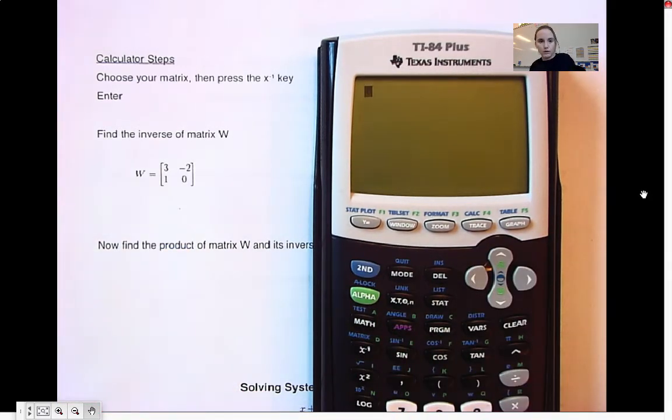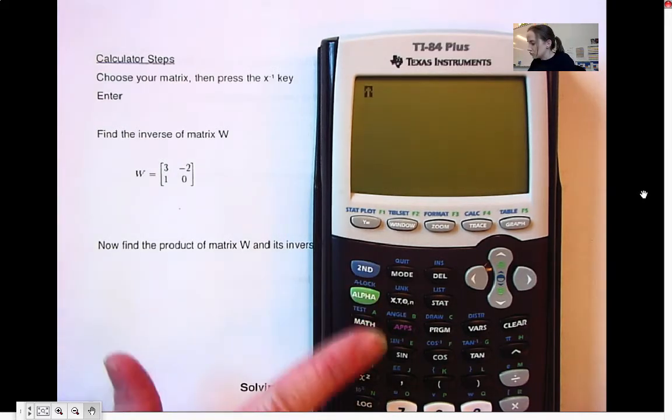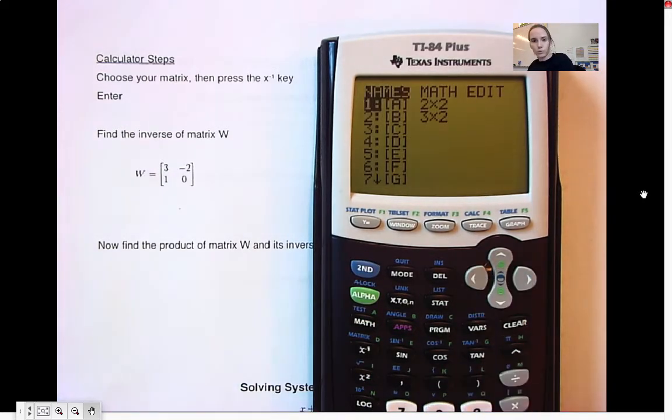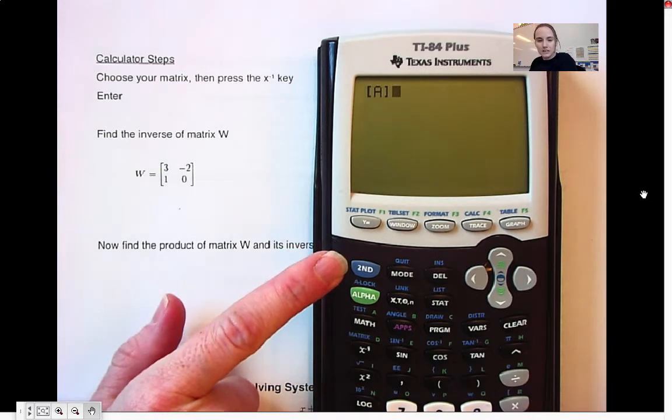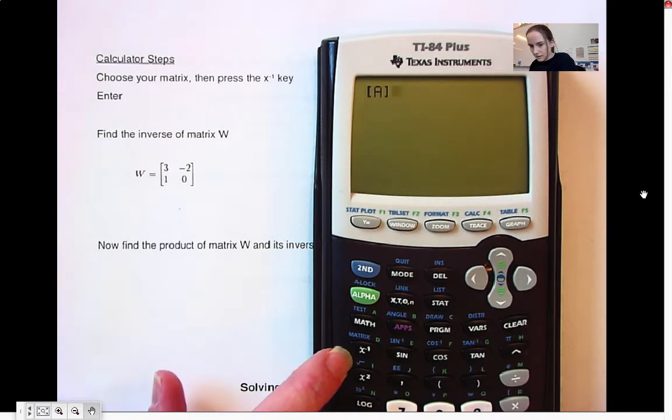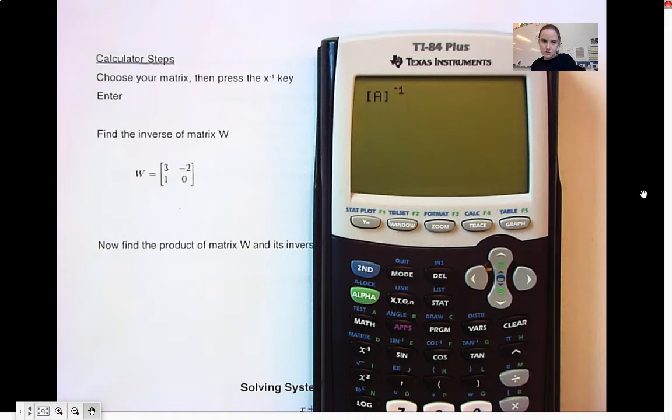Okay, now let's go back and get the matrix that we want to work with, which is matrix A. And then all you have to do, on the matrix button, you usually hit second and the x to the -1. This time you just want to hit the x to the -1 button. That way it says, hey, here's the inverse. And then hit enter.